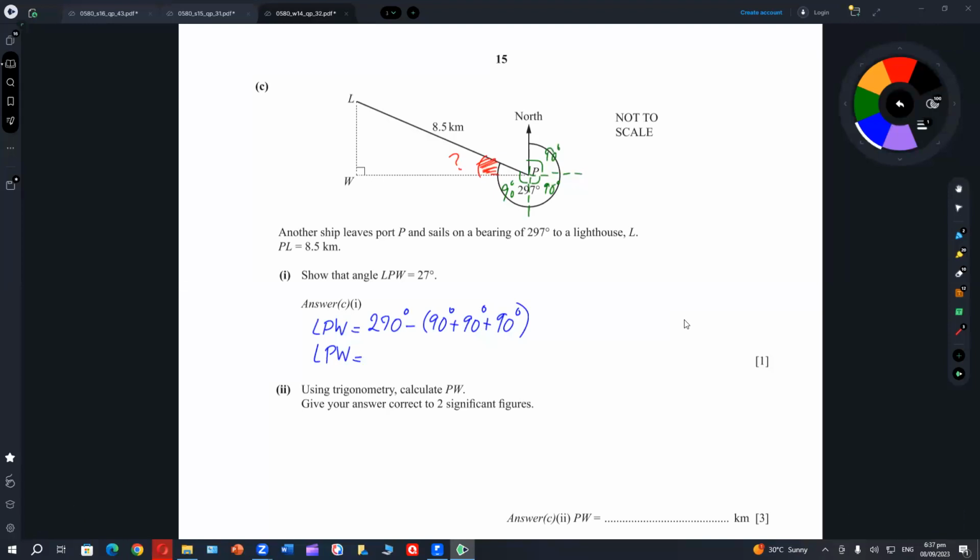So I have marked 90, 90, and 90. There were 390 degrees. So I have added them and subtract from 270.